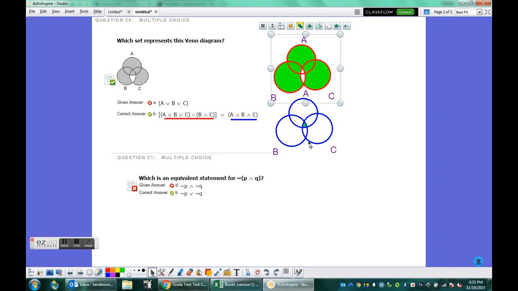Okay, so when I go to overlap these, the only extra piece I'm going to add is going to be the center, because this center is the A and B and C. It's right there at the center.